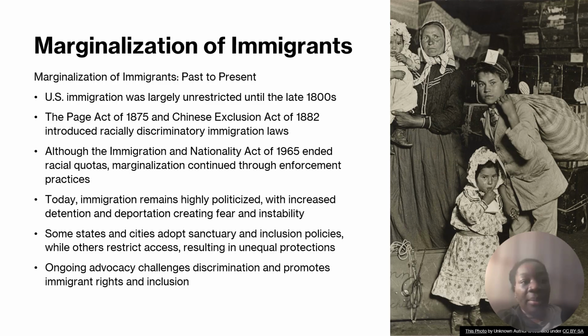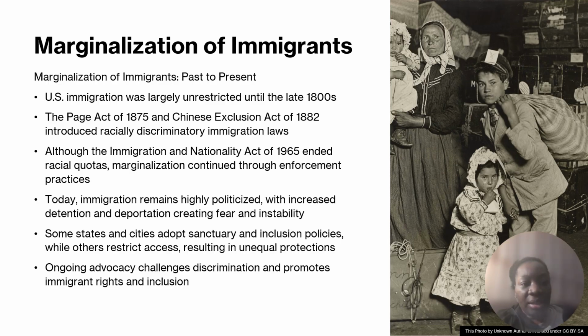So let's talk a little bit about the marginalization of immigrants. Let's go from past to present, okay? U.S. immigration was largely unrestricted until the late 1800s. The Page Act of 1875 and Chinese Exclusion Act of 1882 introduced racially discriminatory immigration laws.